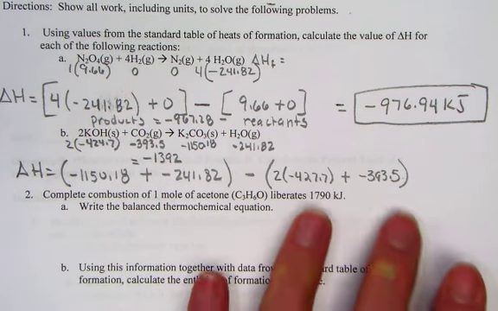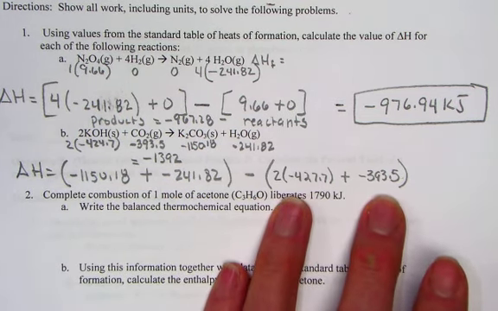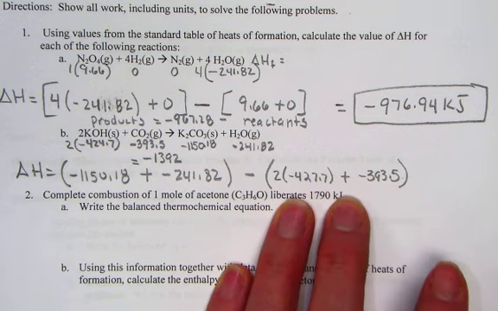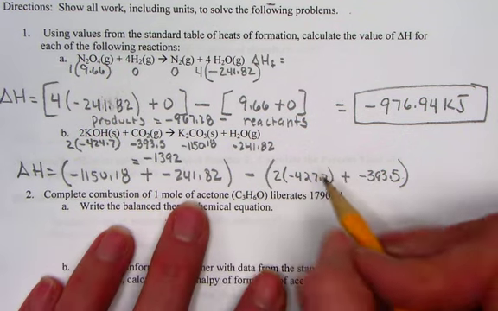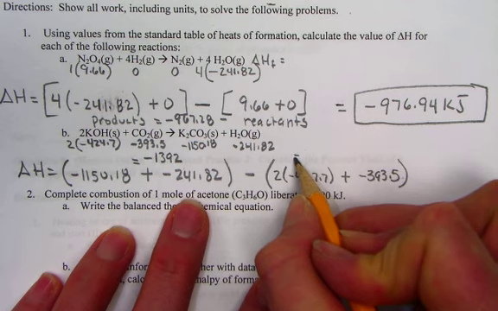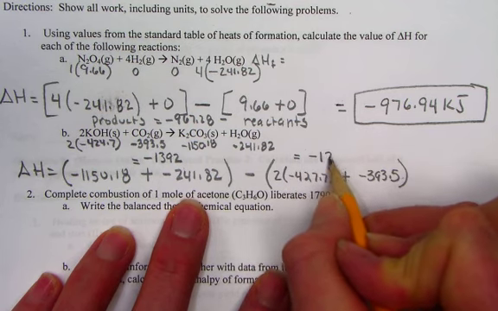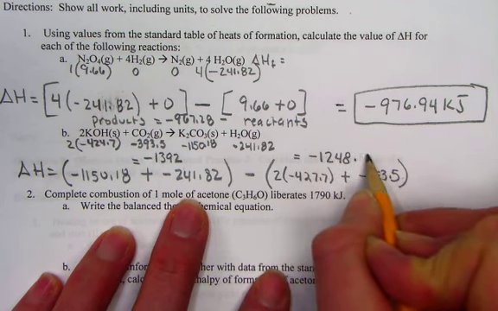Let's do the same in the second parenthesis. 2 times negative 427.7 plus a negative 393.5. The second parenthesis is simplifying to negative 1248.9.